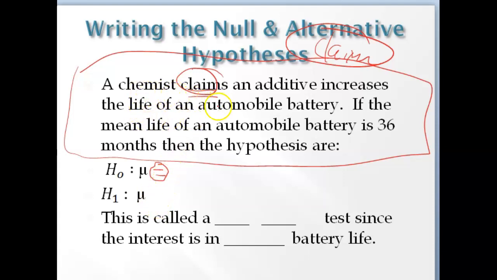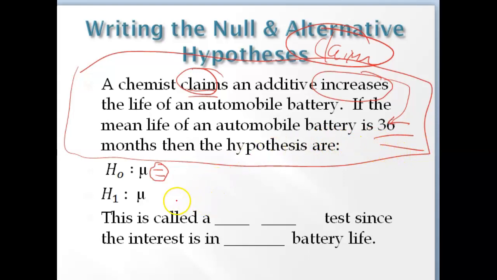So we have a chemist here, and he claims that if we use his particular chemical in this automobile battery, then it increases the life of that battery. So the claim here is that the mean life of this automobile battery is going to be greater than 36, because it's going to increase it beyond 36.